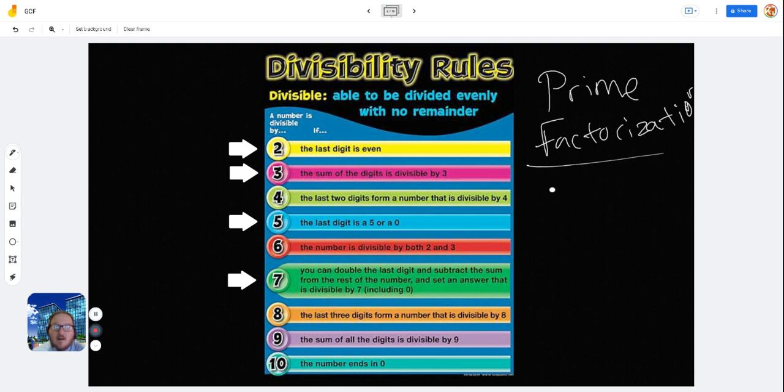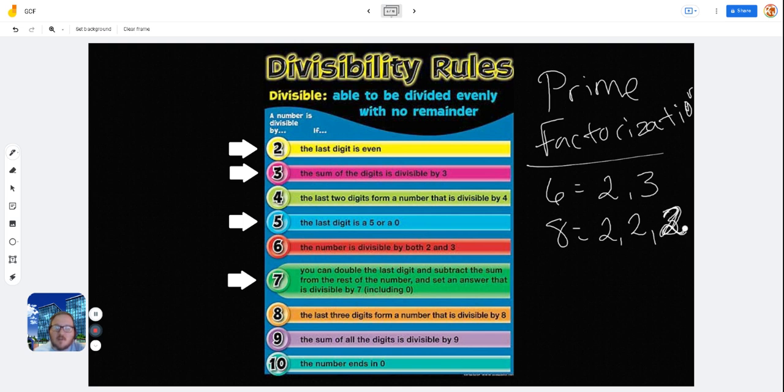So like the prime factorization of 6, well, 2 is a prime and 3 is a prime. These are the prime factors of 6. The prime factors of 8, we got those. It was 2, 2, and 2 again, not 3. You multiply all those together and it'll make 8.